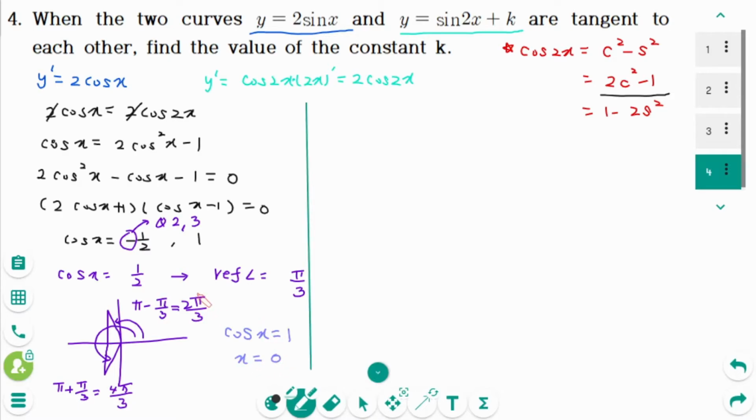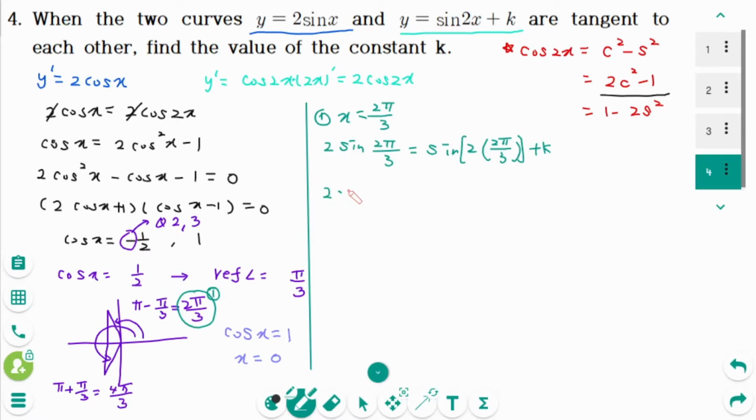Then the first one, when x equals 2 pi over 3, then 2 sine 2 pi over 3 equals sine of 2 times 2 pi over 3 plus k.